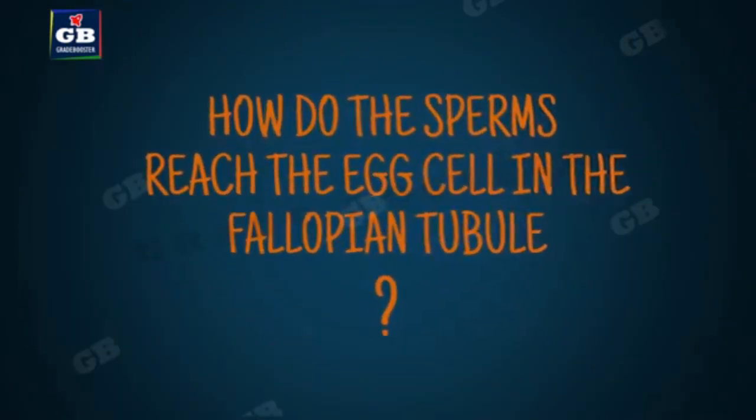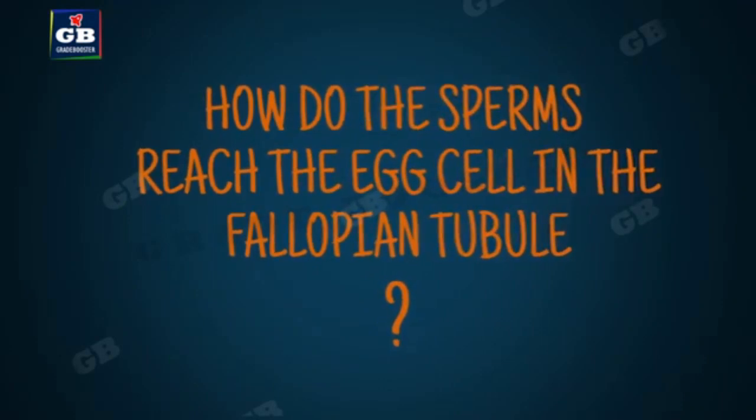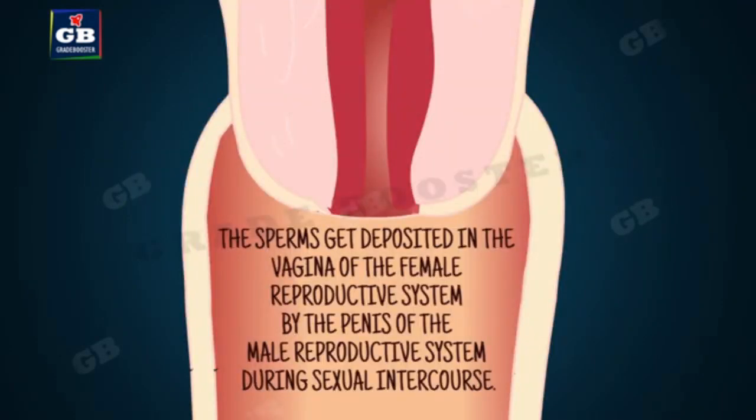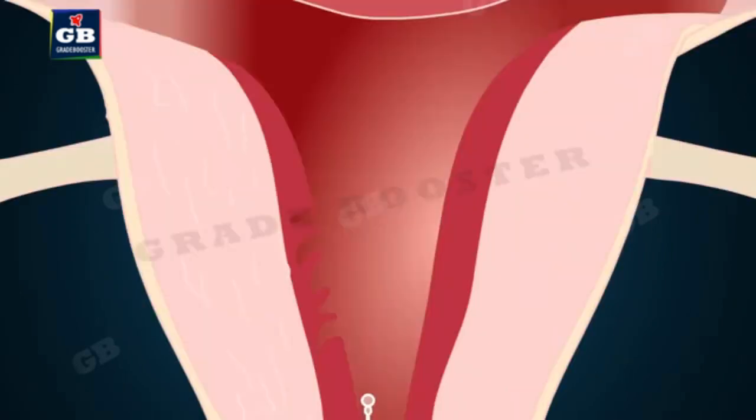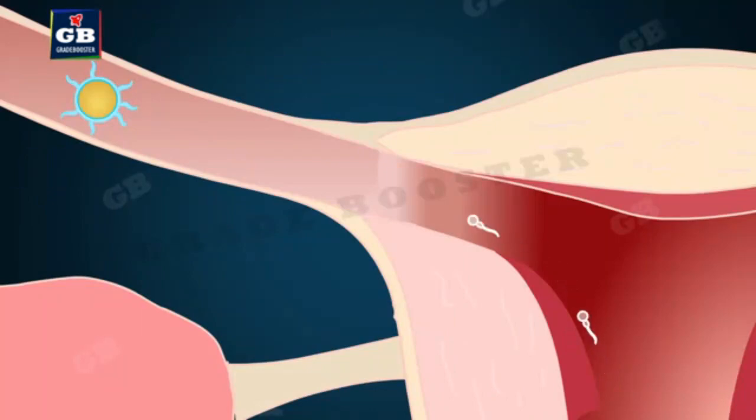Then, how do the sperms reach fallopian tubule? The sperms get deposited in the vagina of the female reproductive system by the penis of the male reproductive system during sexual intercourse. The sperms travel towards fallopian tubule and finally reaches the egg cell and fertilizes it.